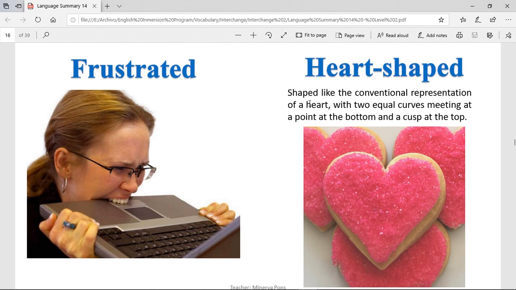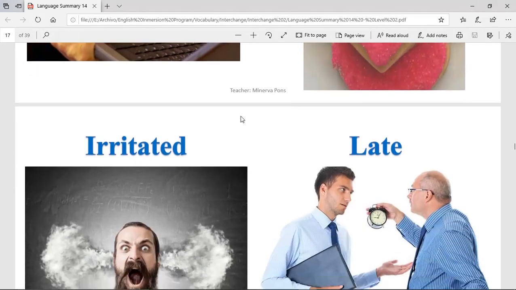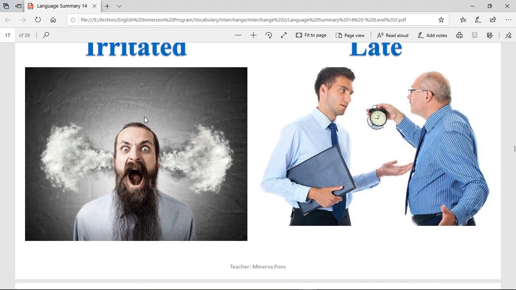Heart shaped. Shaped like the conventional representation of a heart, with two equal curves meeting at the point at the bottom and the cusp at the top. Okay, basically something that has the shape that looks like a heart. This type of heart. Because hearts are not like that, but you would know. Okay? Irritated. When you're irritated, it's similar to being annoyed.